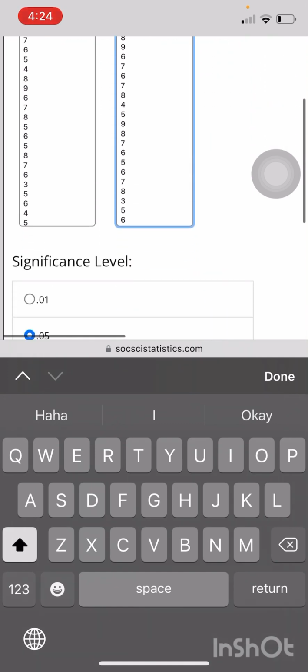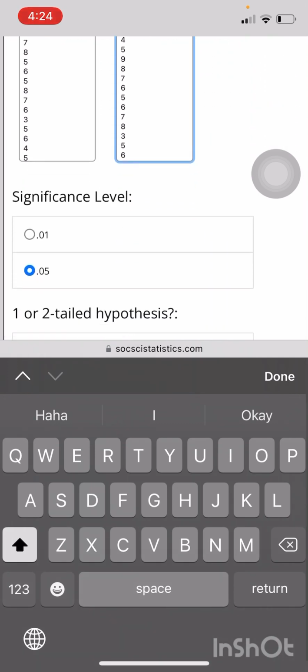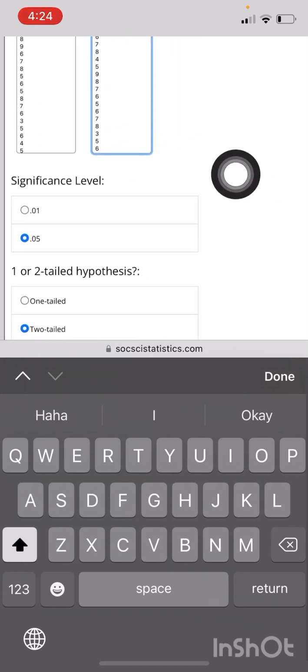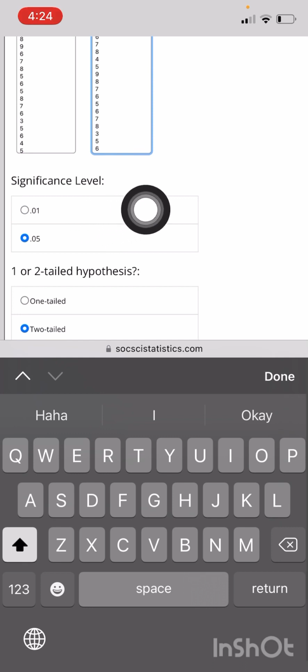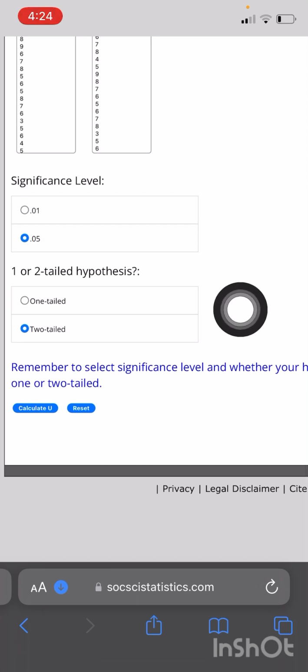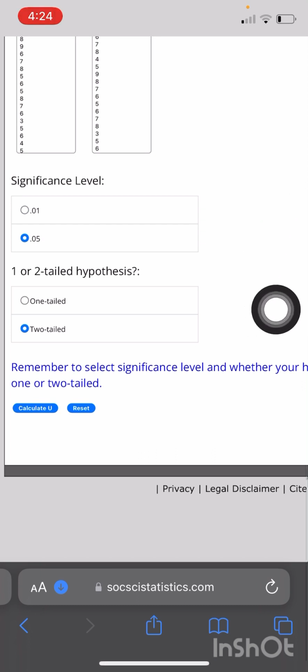So, after we paste the data from our Excel, we will change the significance level into 0.05 and the 1- or 2-tailed hypothesis into 2-tailed.